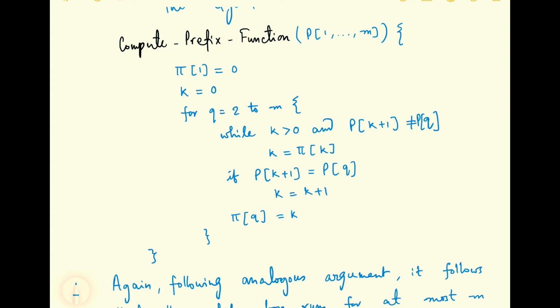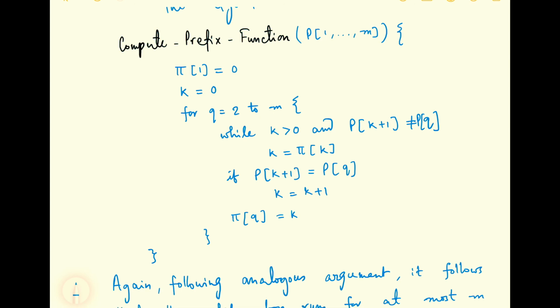And again you can make the same argument: this for loop runs for m minus 1 iterations, and the total number of iterations that the while loop runs is again at most m, because k starts with 0 and k decreases strictly in this while loop, and k can increase by at most 1 in this for loop, in this if condition.